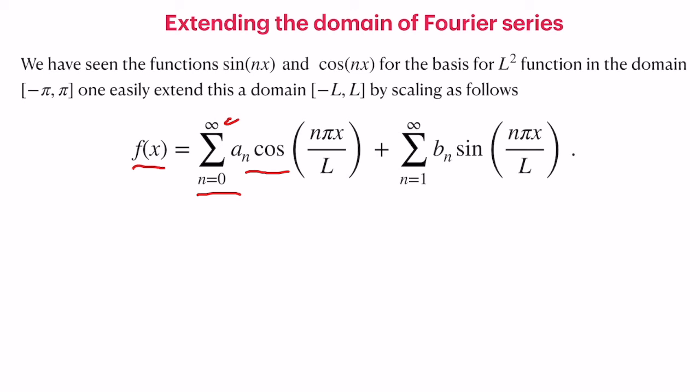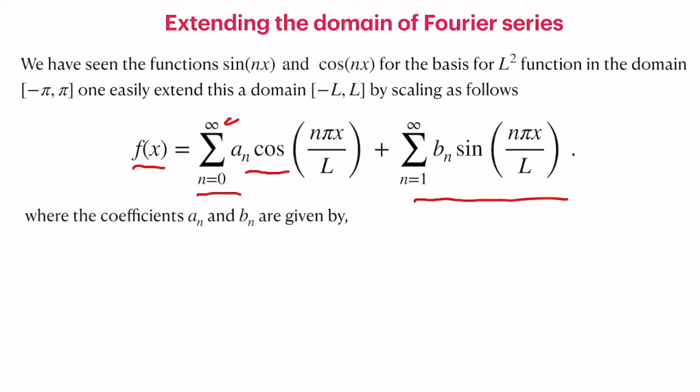You can simply substitute pi here, and then you can see it matches with your standard Fourier series. And the same way you do for the sine series also, in this case, sum n going from 1 to infinity b_n sine n pi x by L.